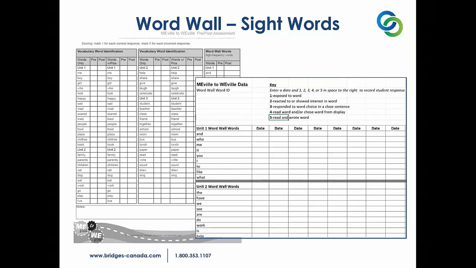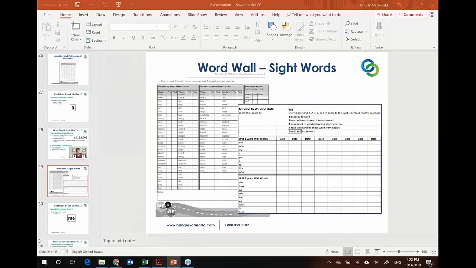And if you have been teaching the lessons in MEville to WEville, you will recall that these sight words are the same for an entire part of a unit, so 5 lessons of a unit, because we recognize that our students need multiple opportunities to work with these words, lots of repetition, but with real variety, so the tasks they're asked to do with those words will change from lesson to lesson, but it will be the same words. So to determine whether our students are actually developing these sight words, we have a couple of tools.